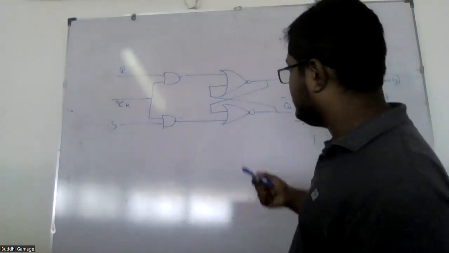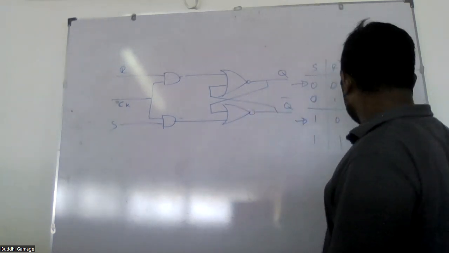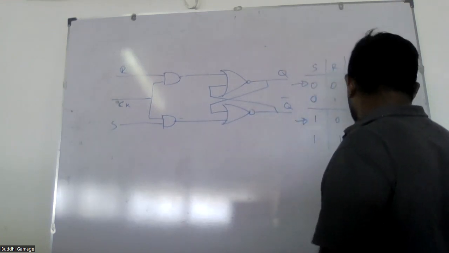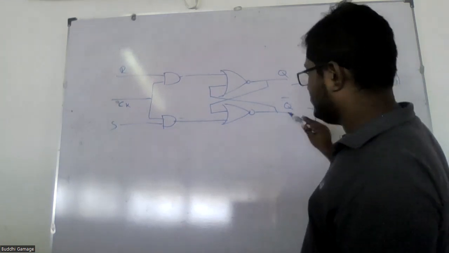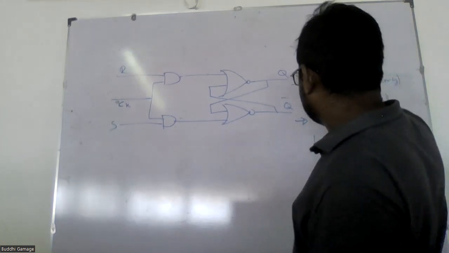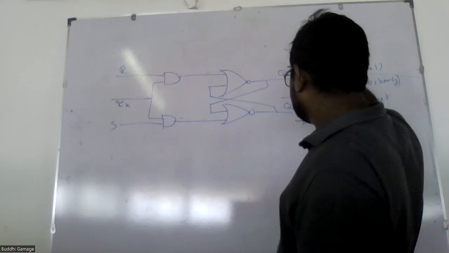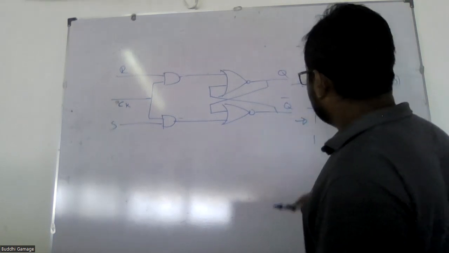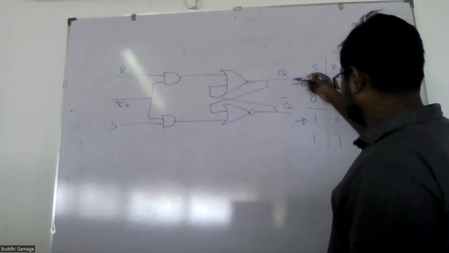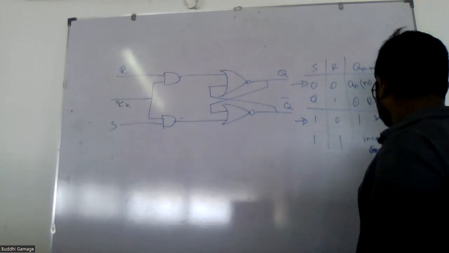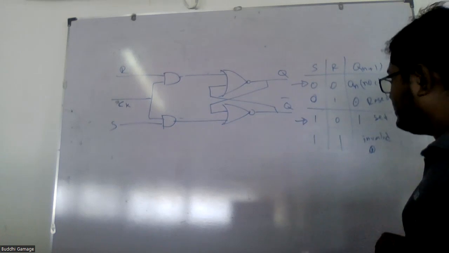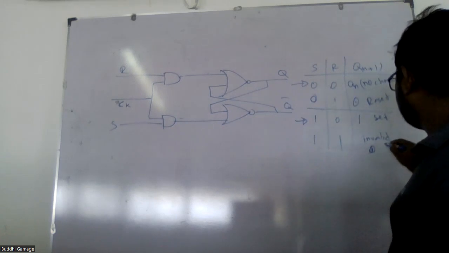Because by using these NOR gates, you see both outputs will be 0. Both Q and Q bar are the same, right? By definition, the first output should be Q and the second output should be Q bar. Since both are getting the same value, we consider this invalid. If you draw this by using NAND gates, you can see both values will be 1.